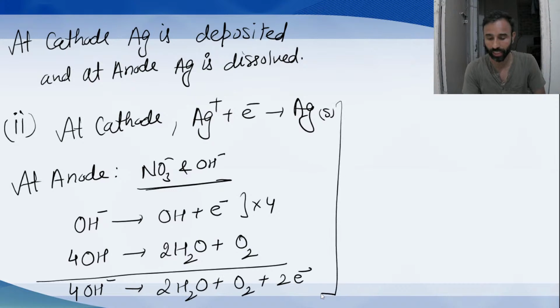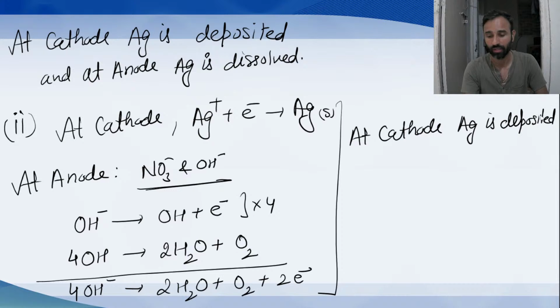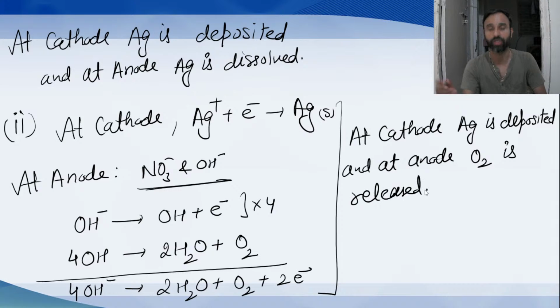So in this case, when platinum electrode is used, at cathode silver is deposited, and at anode O2 is released. That is the second part.